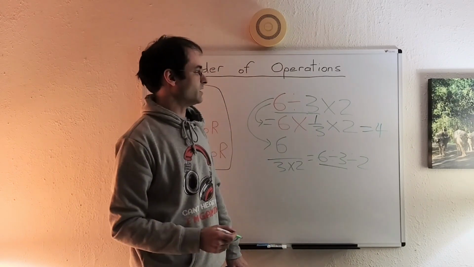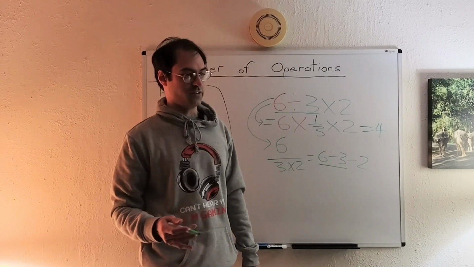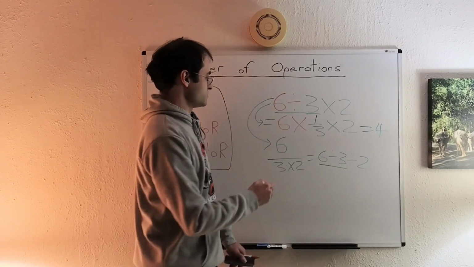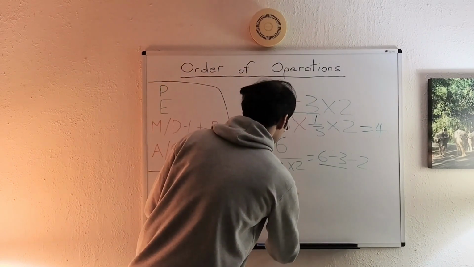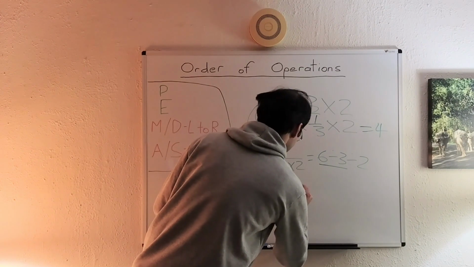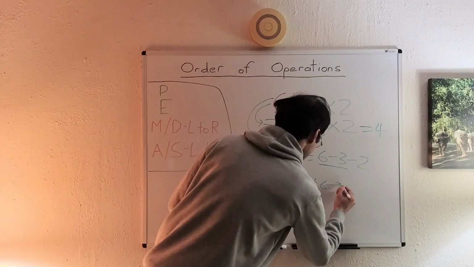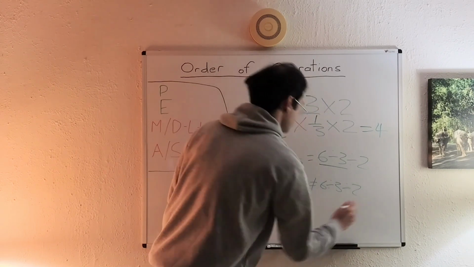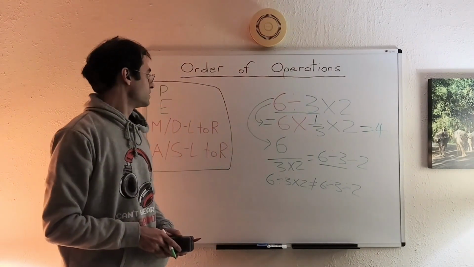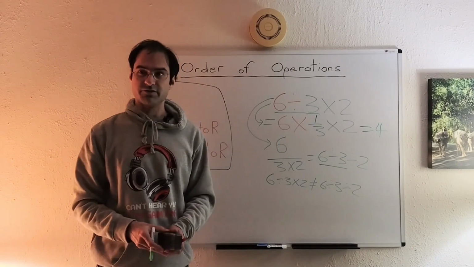It makes sense that multiplication or division would change the answer. So 6 divided by 3 times 2 is not 6 divided by 3 divided by 2. So that's why we need to do things from left to right.